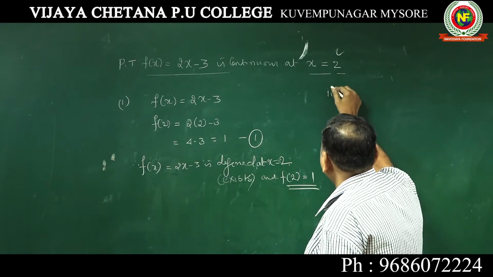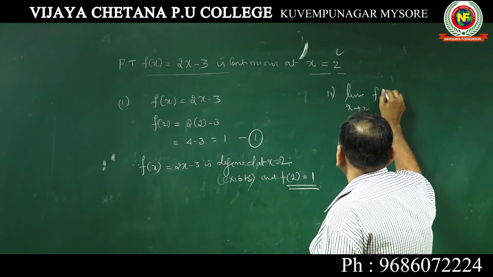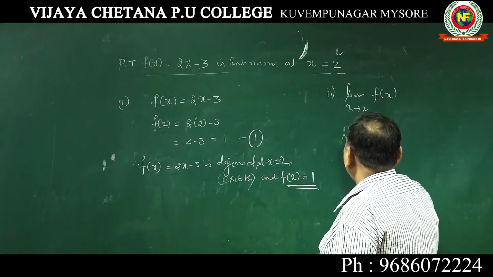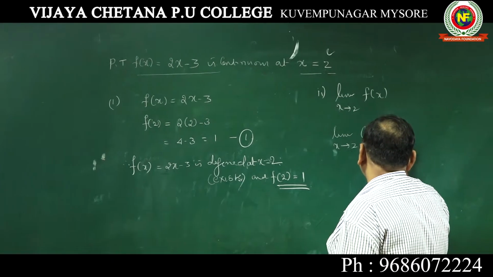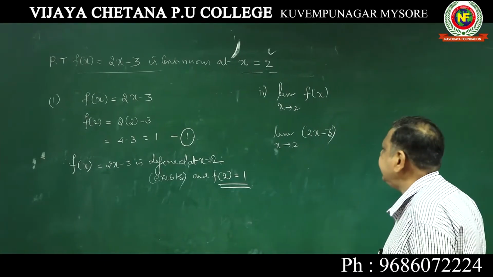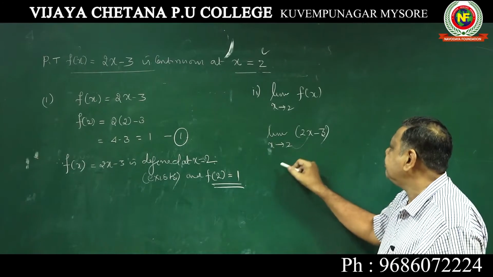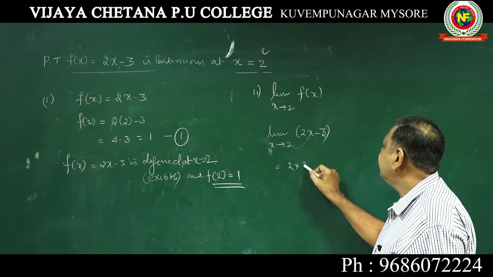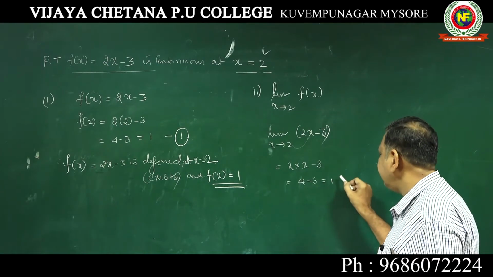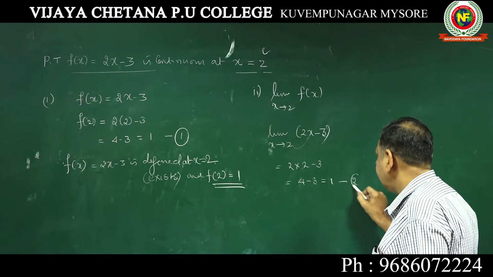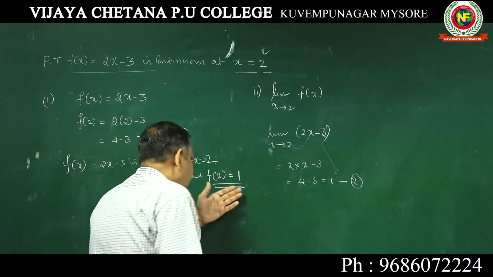So take the second condition: calculate the limit as x tends to 2 of 2x minus 3. You know how to calculate limits: put x equal to 2 here. 2 into 2 minus 3, 4 minus 3, that is also 1. Call it equation number 2. So the limit value is also 1, and f of 2 is also 1.